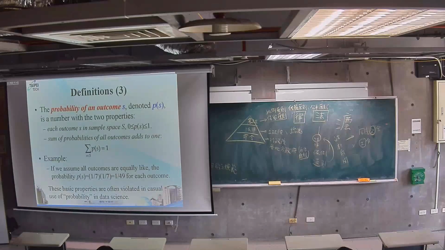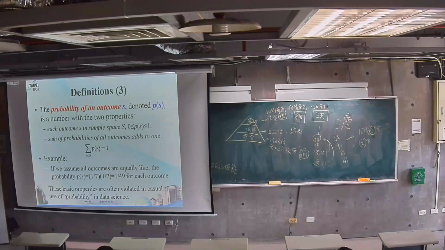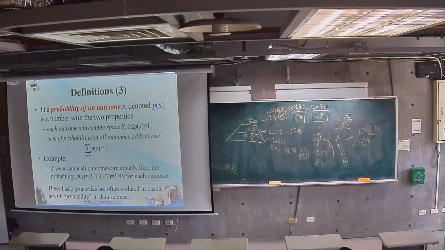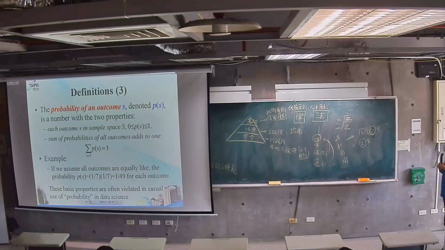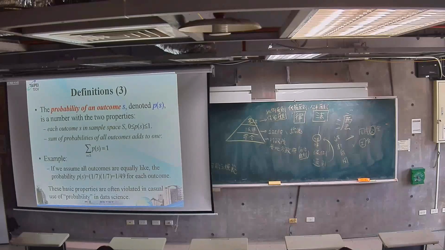For each outcome, we just see the combination or the possible outcomes, but we haven't given the probability for the outcomes. So here is a formal definition.